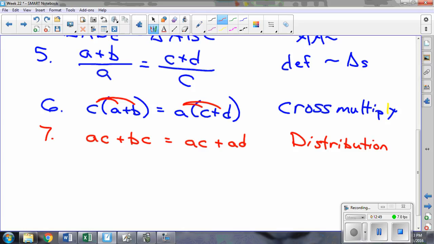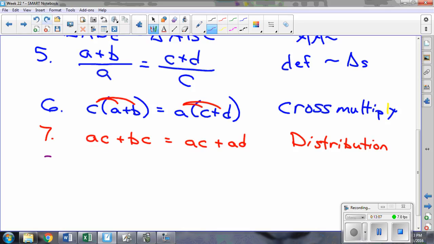You notice how both sides of the equation have AC? We can subtract that off.